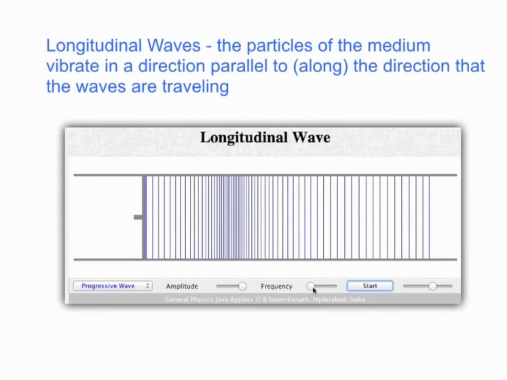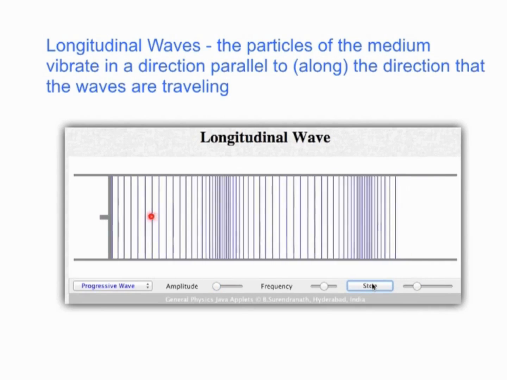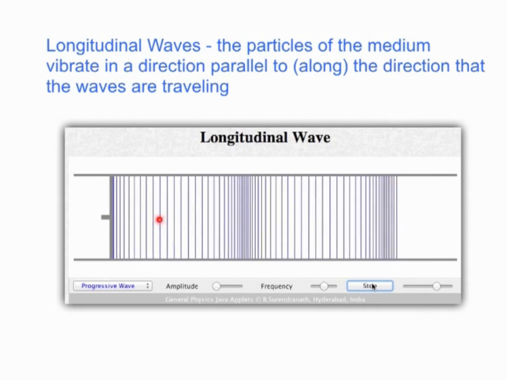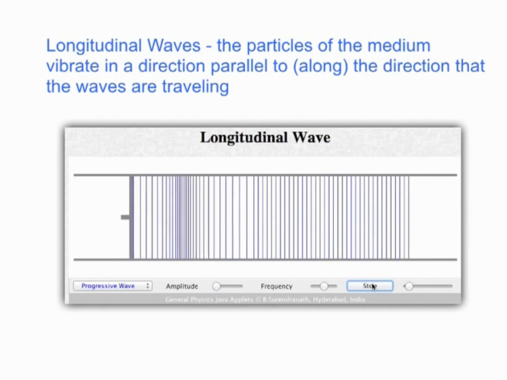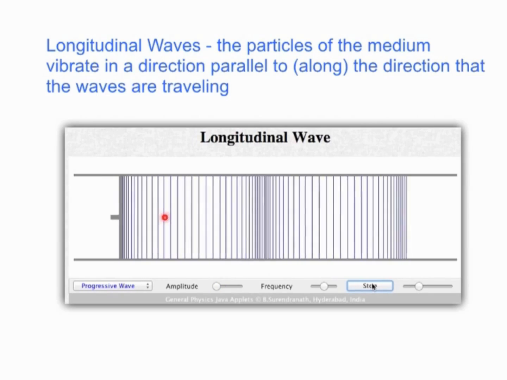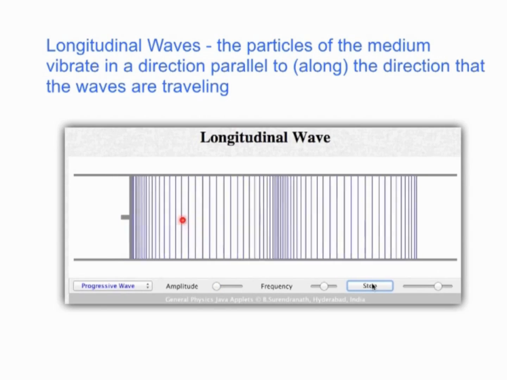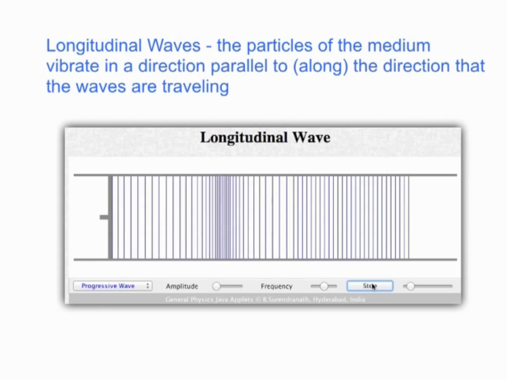Now, the interesting thing about these kinds of waves is they do occur frequently in nature, as we're going to see. But the difference between these and transverse waves is that the oscillation happens horizontally, and the wave propagation also happens horizontally. If you take a look at a little red dot, I'm going to put a little red dot here.